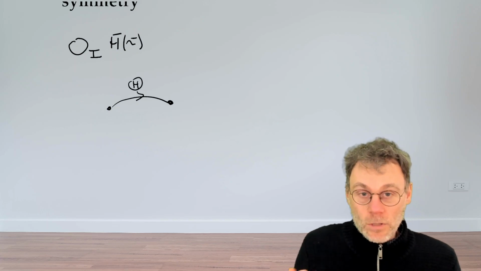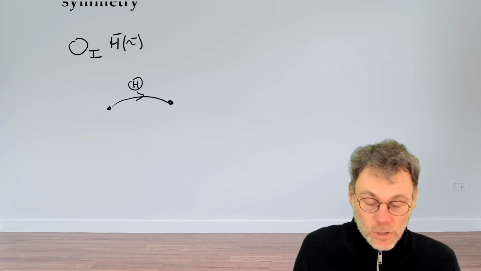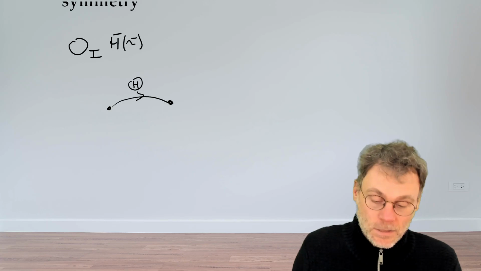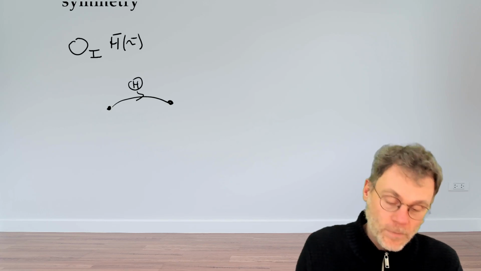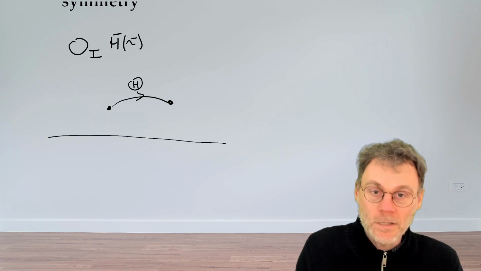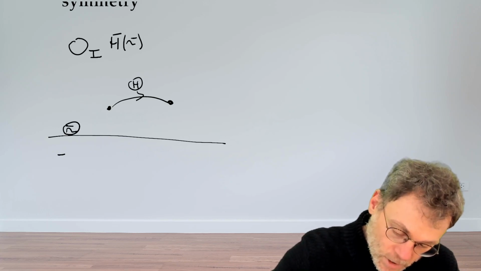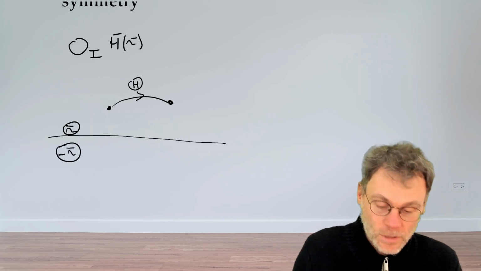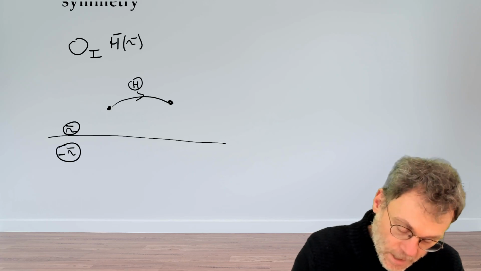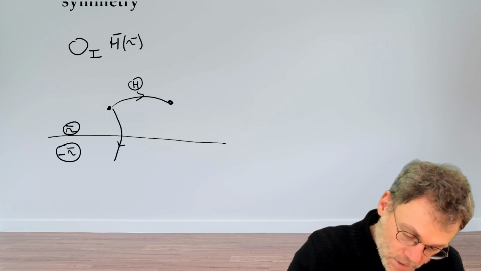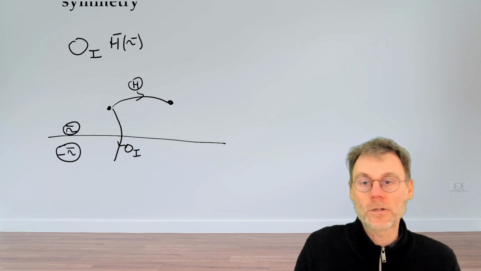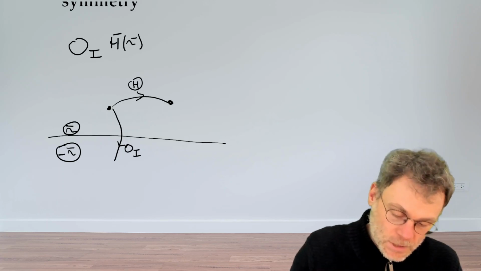Now, what we could also do, because we have inversion symmetry in our system, is start from that same point over here, but then apply the symmetry operator to move from the R coordinate system to the minus R coordinate system. Doing this basically means that we have our O sub I operator that does that for us.